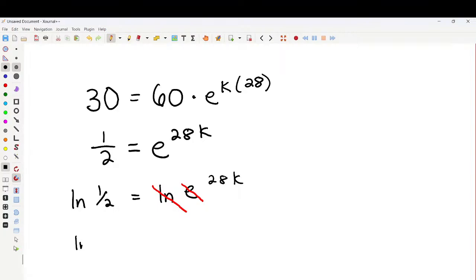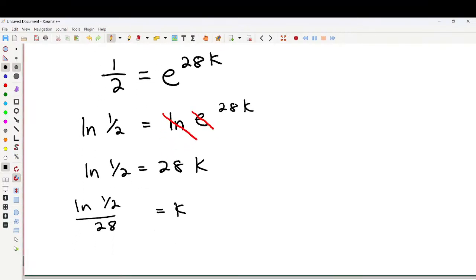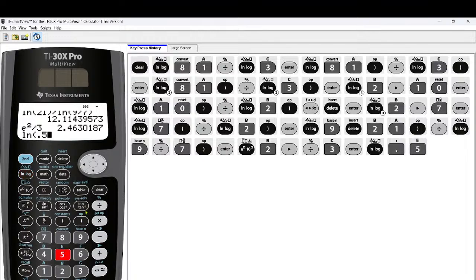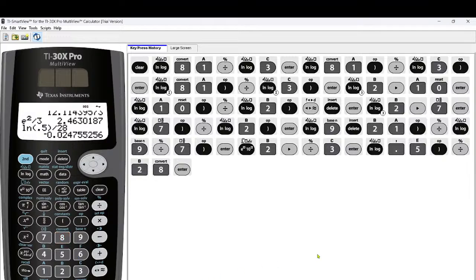So you have ln of 1/2 equals 28k, and dividing by 28 and using 4 decimal places, k is negative 0.0248.